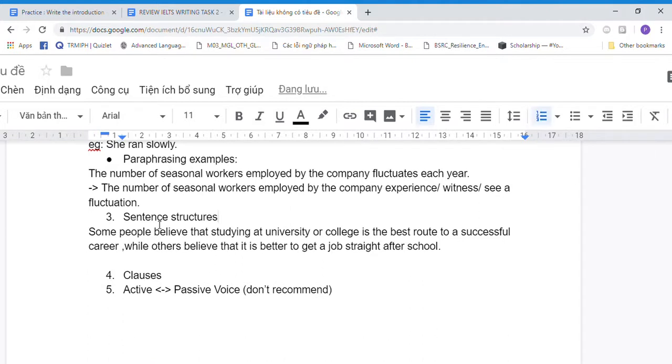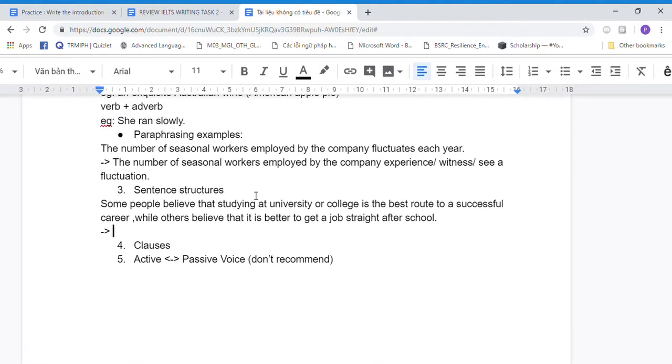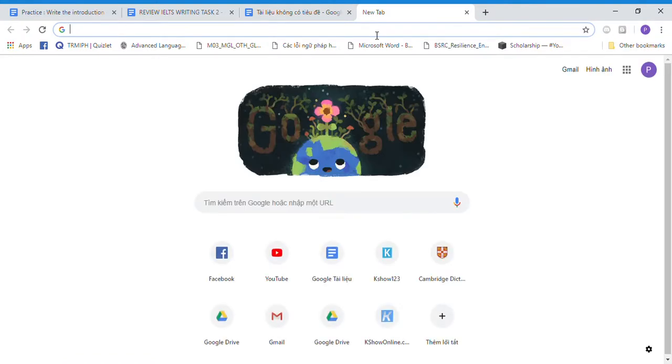So if you want to paraphrase using different sentence structures, you have to study really well, and you have to study all the sentence structures that you read, or that you've read before, like in magazines, in newspapers.